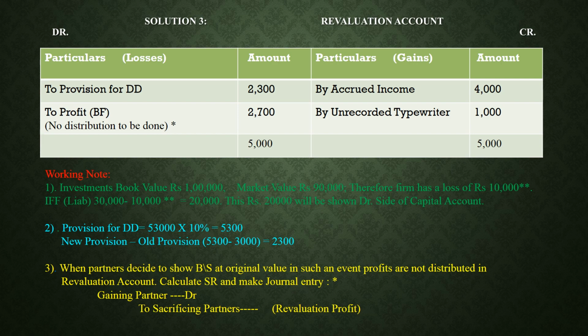Move on to the liability side. Investment fluctuation reserve is available 30,000. Out of this 30,000, 10,000 loss will be set off and remaining 20,000 would be distributed among the partners in their old profit sharing ratio in capital account and would be shown on debit side.